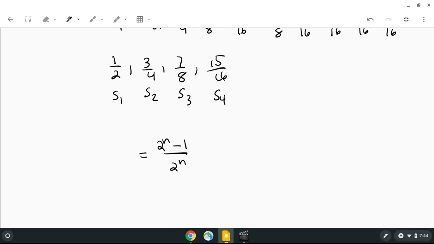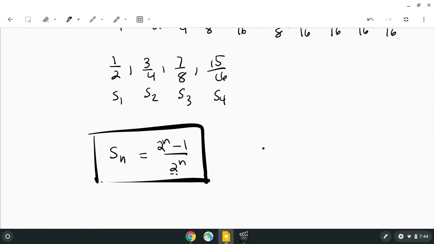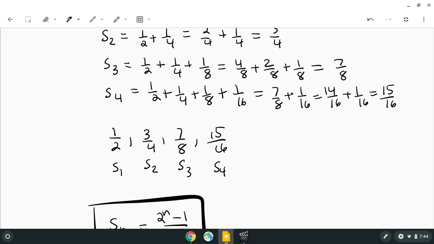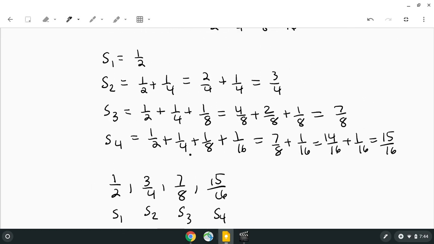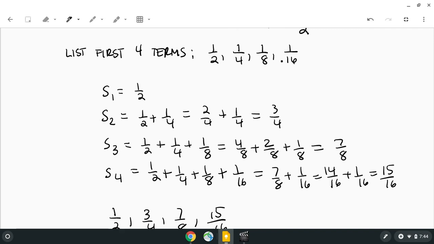So this would be our function for the summation sequence. This is how you find the Sn, the nth partial sum. This is nice to have because when we're trying to find just the sum of the first 4 terms, I had to find the first term, the second term, and the third term. I had to list them so that I can find the sum.